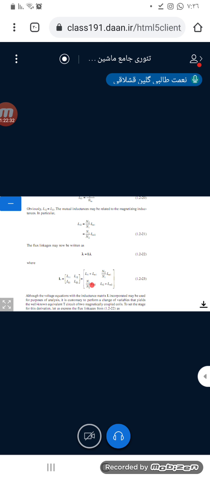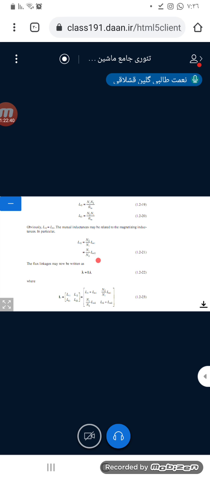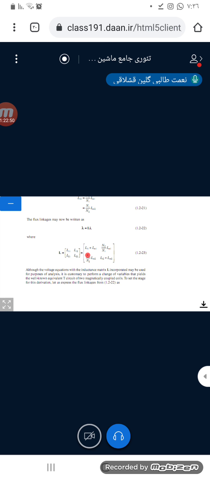This is a property of the circuit. It depends on the number of turns and the reluctance of the flux paths. It is a constant matrix. This is a property of a magnetically coupled circuit that we can use in the electrical environment, replacing the magnetic property of this circuit with this matrix in the electrical circuits.